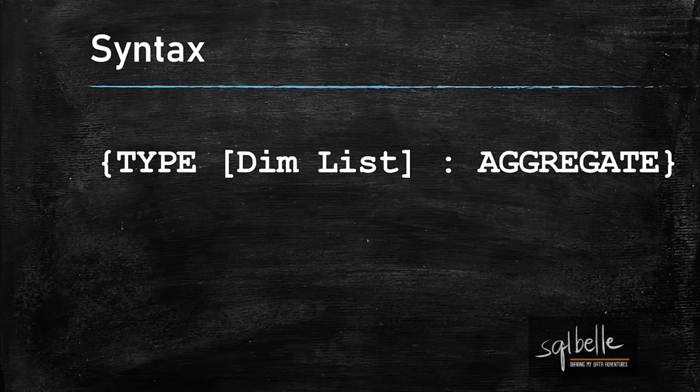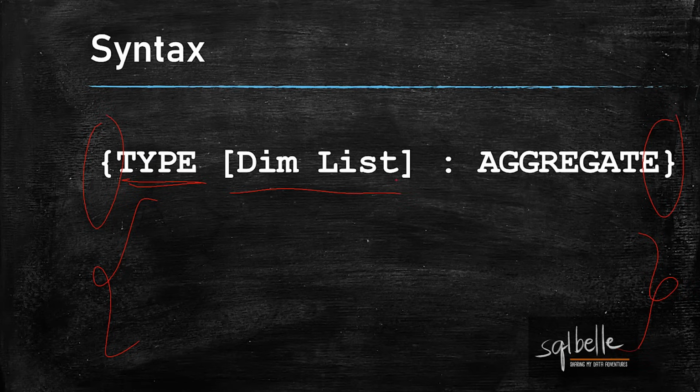Let's talk about syntax. The syntax will be the same regardless of the type of level of detail expression you're using. The key components of an LOD expression, first and foremost, is that it's encapsulated in curly braces. Those are your curly braces right there. After this, you're going to specify the type. And in here, you have a dimension list. And notice that you have square brackets around it.